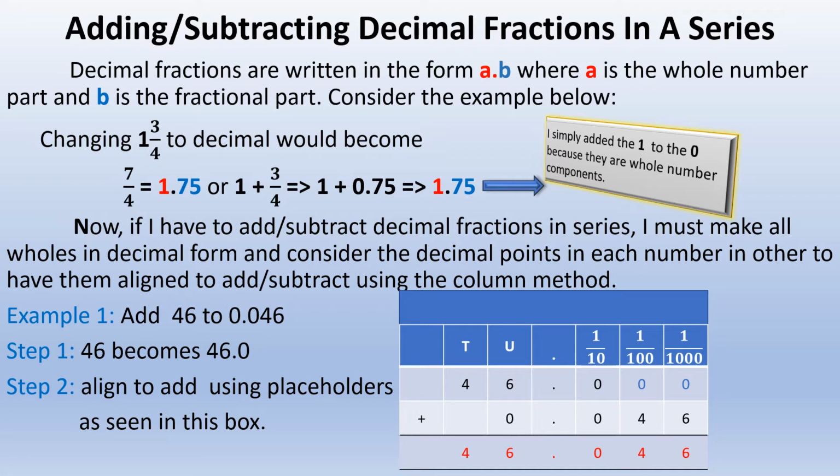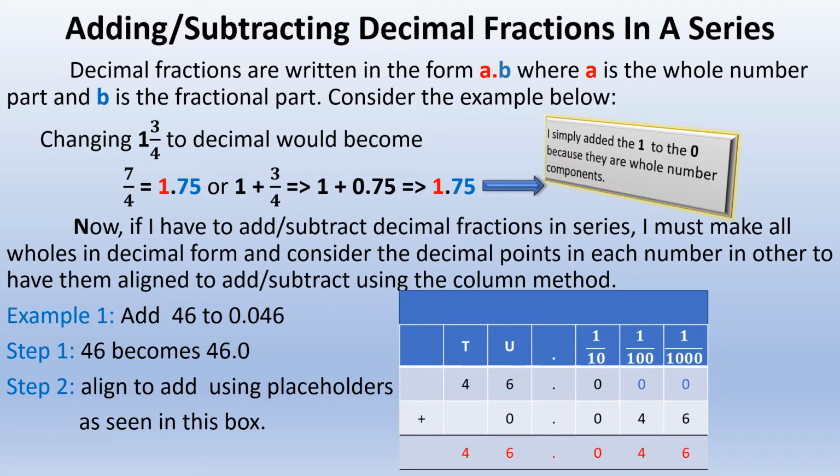Proper fractions usually have a 0 whole number component and then a fractional part. Now when you write these fractions as decimals, like you did in your previous assignment, you come across something like a dot b: 0.75, 0.2, 2.5, 2.89.